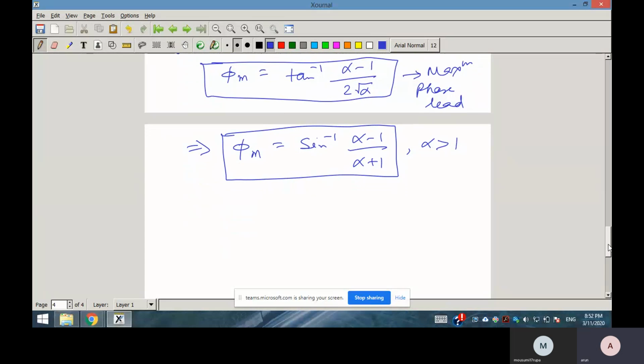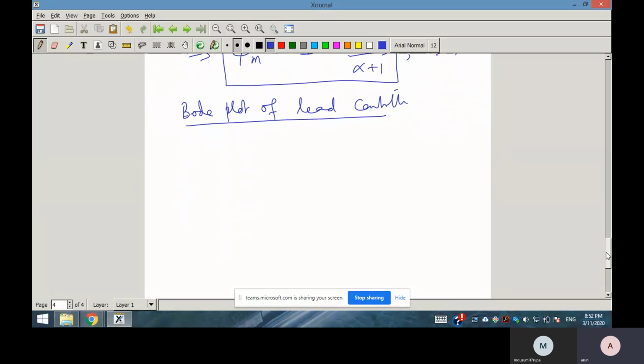Now what is the Bode plot of the lead controller? Both a magnitude and phase plot. What is the magnitude plot?